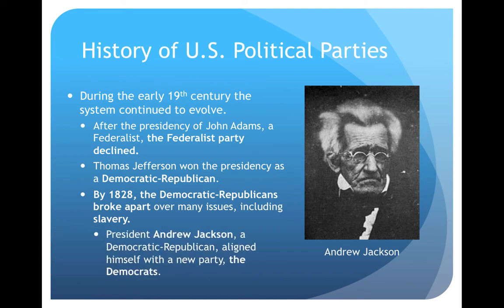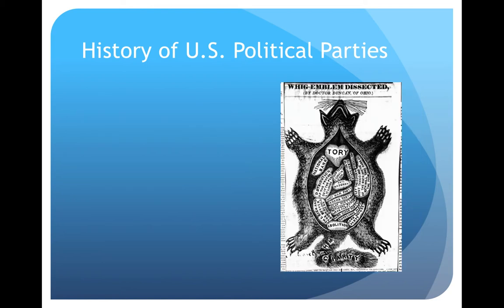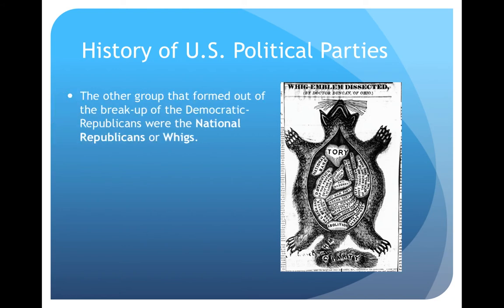President Andrew Jackson, a Democratic Republican, allied himself with a new party, the Democrats. The other group that formed out of the breakup of the Democratic Republicans were the National Republicans, or the Whig Party, as they came to be known.